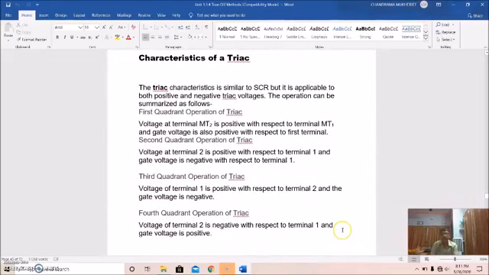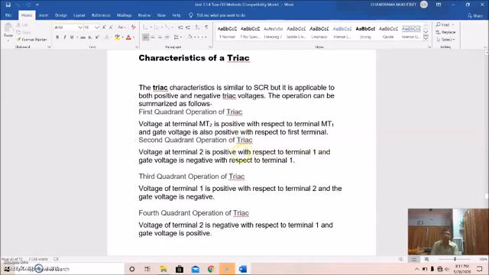Now characteristics. TRIAC characteristics are similar to SCR, but are applicable for both positive and negative TRIAC voltage. The operation can be explained similarly as well. First quadrant operation of TRIAC, when voltage on MT2 is positive with respect to terminal MT1, and gate voltage is also positive with respect to first terminal.